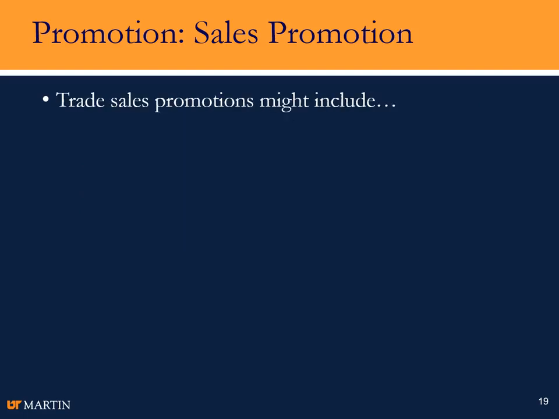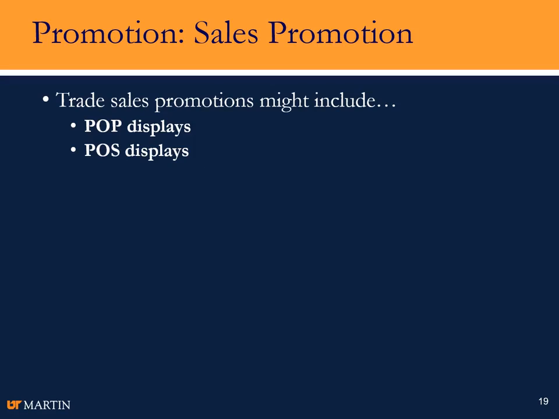So trade sales promotions in particular include things like POP displays. These are point of purchase displays, not to be confused with point of sale displays. Point of purchase displays are those displays you see in retailer outlets like Walmart that are large and catch the potential buyer's eye, but they happen in the store where the product usually is located.